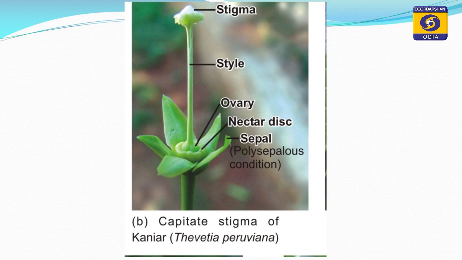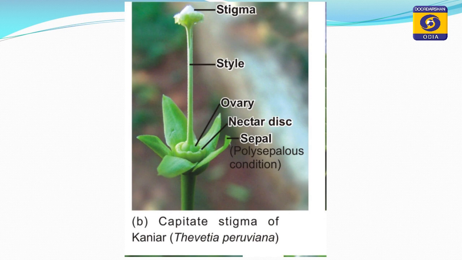It is the swollen part. The ovary is a bulbous structure, and the structure that joins the ovary to the stigma is the style.